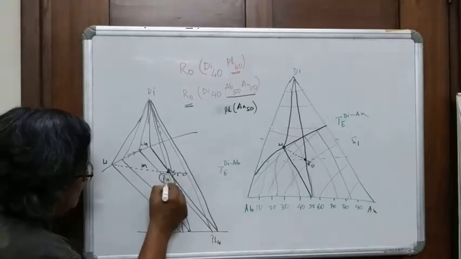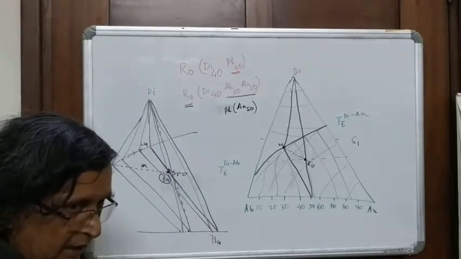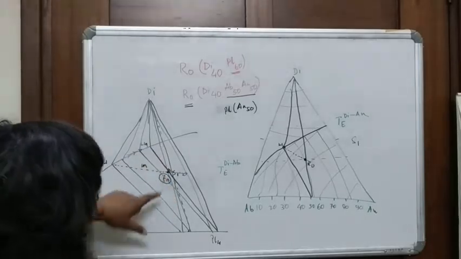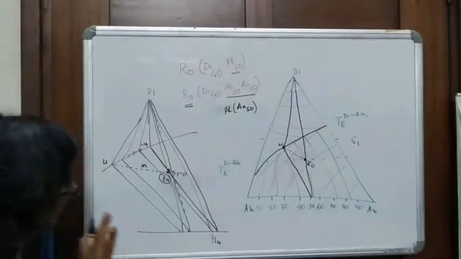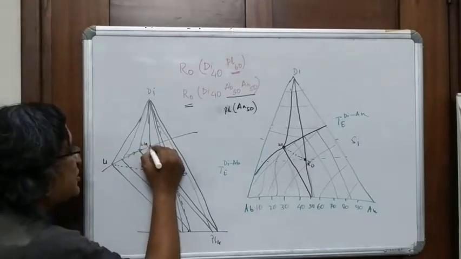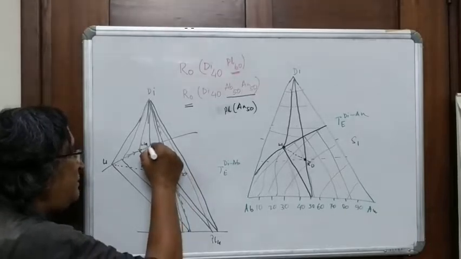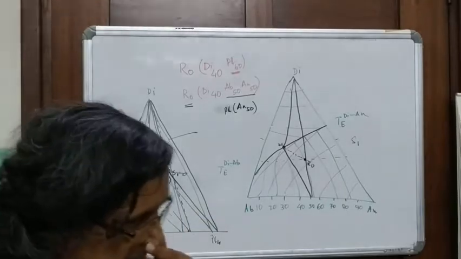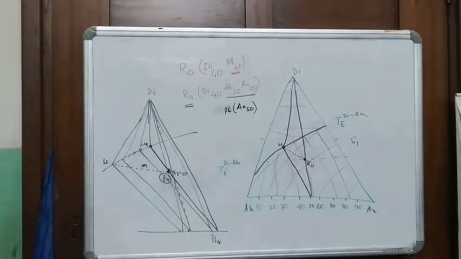This rock composition R0 will be bracketed between, now not a tie triangle, but a tie line. Previously, this R0 was within the tie triangle. But when the melt composition moves along the boundary curve and occupies such a position where R0 is straddled between this melt composition and this line, that means it lies on a binary. It lies on a binary.